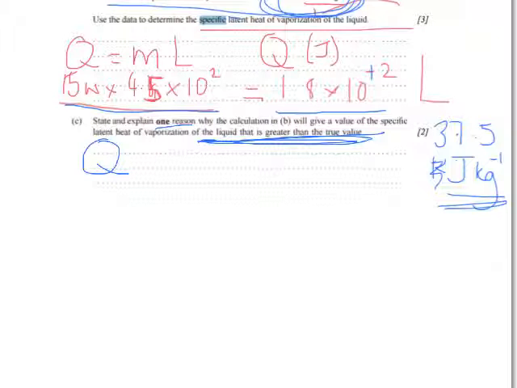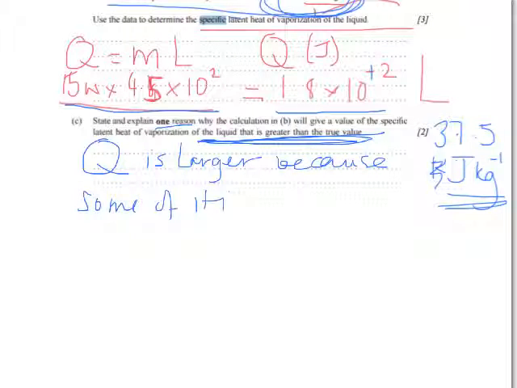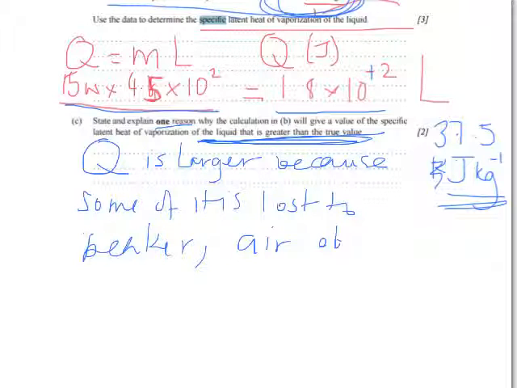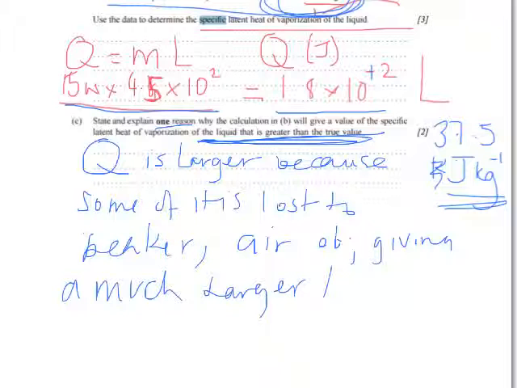You actually need to say that Q is larger because some of it is lost to the surroundings, to the beaker, air, etc., giving a much larger theoretical value. Okay? If you don't say that it's larger than it should be, then you're not explaining why you're getting a larger value of the specific latent heat of evaporation. So you'd have lost 1 mark.